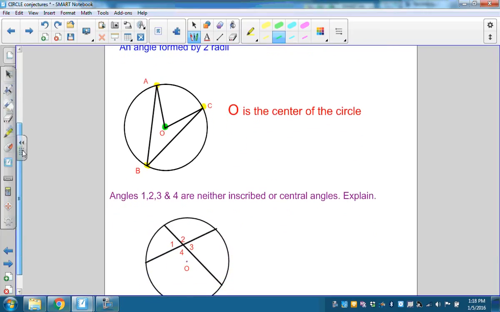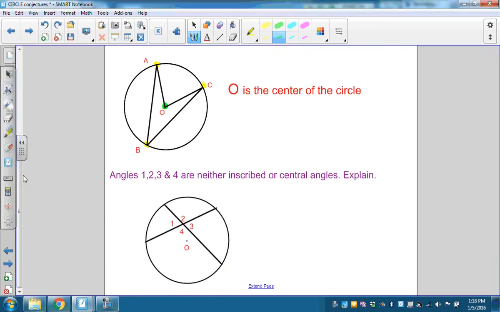But there are also angles that are neither inscribed nor central. All of these angles here, angles 1, 2, 3, and 4, are just other angles in a circle, and we'll be using those this chapter too. But because they don't have their vertex at the center or on the circle, we just talk about them as other angles in a circle.